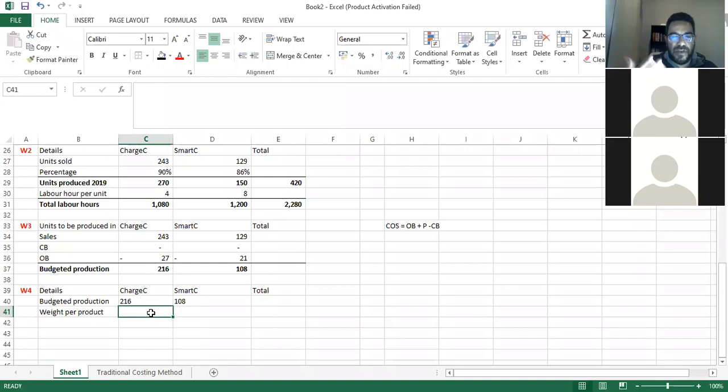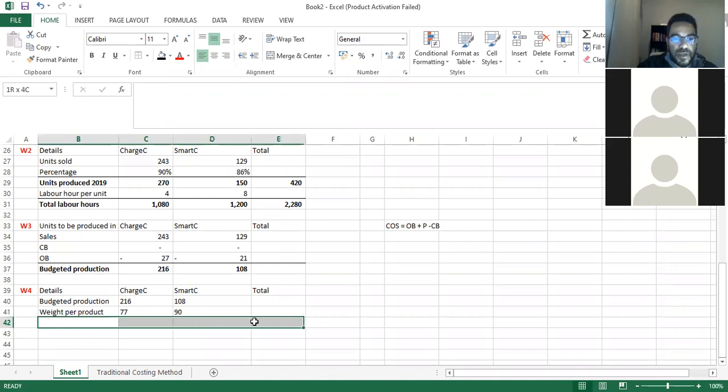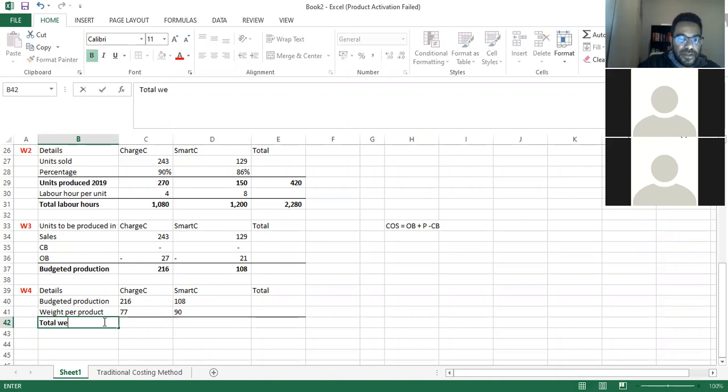So just make sure if I got the numbers right. Okay, you can just tell me if I get anything wrong. So 77 per unit is 77 kilograms, and then for that one it is 90 kilograms per unit. So this will give us our total. So it's going to be total weight. Okay, so it's going to be that amount multiplied by 77. Then we're going to just say the sum.